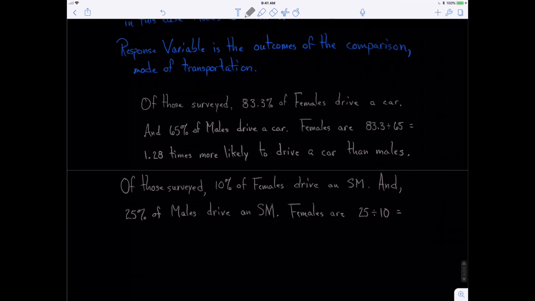And so we can say 25 divided by 10 equals 2.5. So we'd say females are 2.5 times, in this case since it's smaller, less likely to drive a car or drive an SUV or minivan than males.